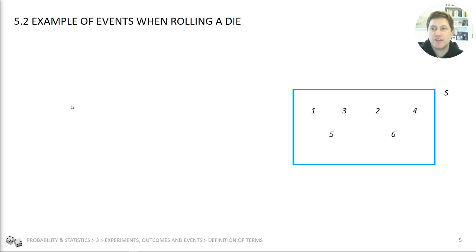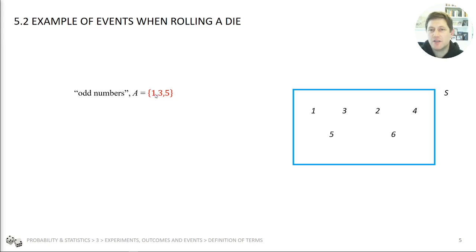That was sample spaces. Now we can make sure we understand what we mean by events. Here we've drawn out our sample space for rolling a die, with those discrete outcomes 1 to 6. This is an event, so we define what the event is. We're defining a certain subsection of the sample space by some particular rule. Here the rule is that our event A is when we have an odd number.